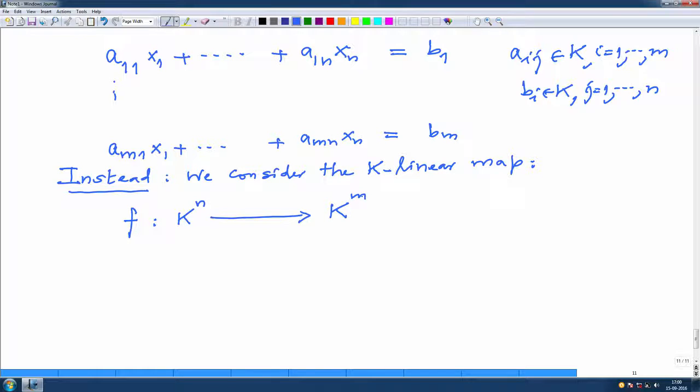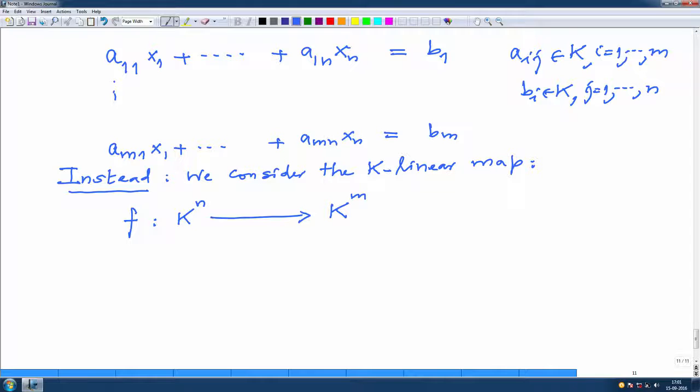So note this vector space is the space of all n-tuples with entries in K. This is the space of m-tuples with entries in K. This has a basis, the standard basis e1 to en. This also has a standard basis, but because we will get confused with which e we are using, I will try to avoid using e's.